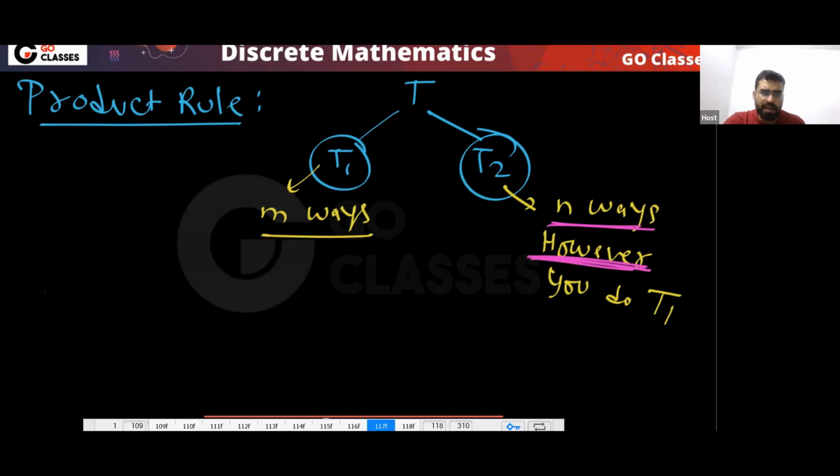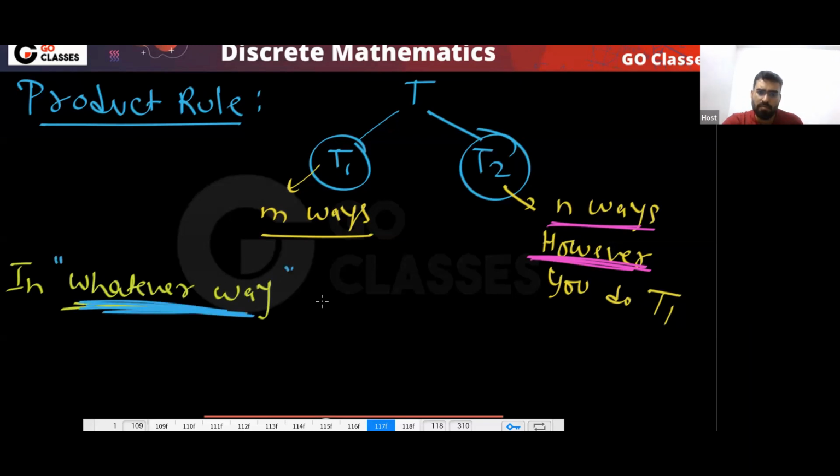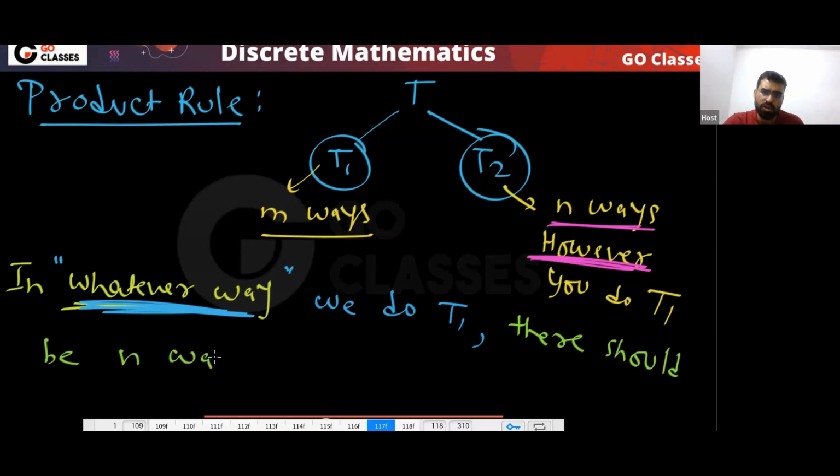In whatever way I do T1, that is my choice, there should be, for every way, n ways for T2.